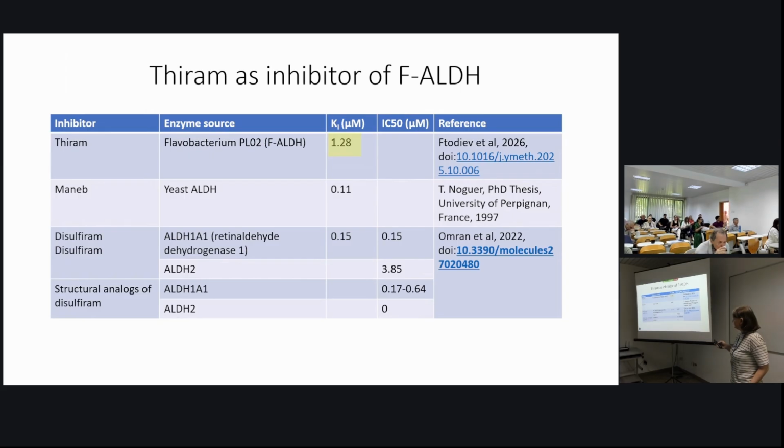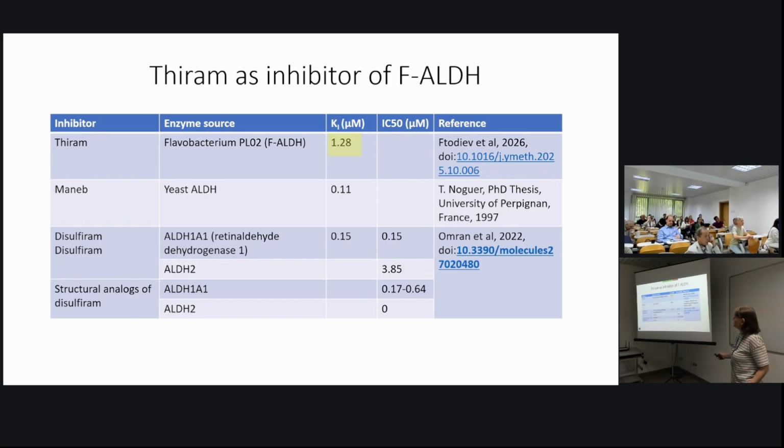We measured the inhibition constant, which is 1.28 micromolar, meaning that thiram is a moderate inhibitor of this enzyme. So we can compare with other inhibitors for other enzymes, and just to see that this is also relevant for another field, not only for agro-food.